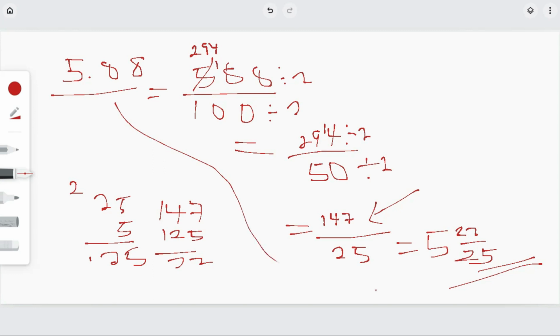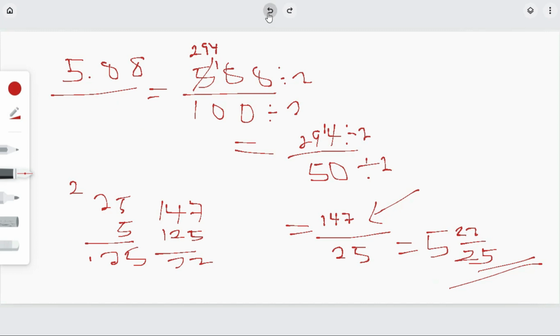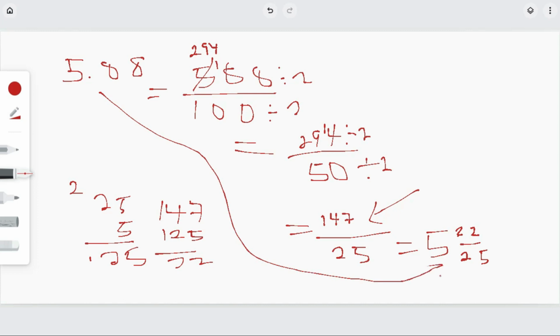Sorry, I made a mistake, it's 22 over 25. So change 5.88 to a fraction. The answer is 5 whole number 22 over 25.